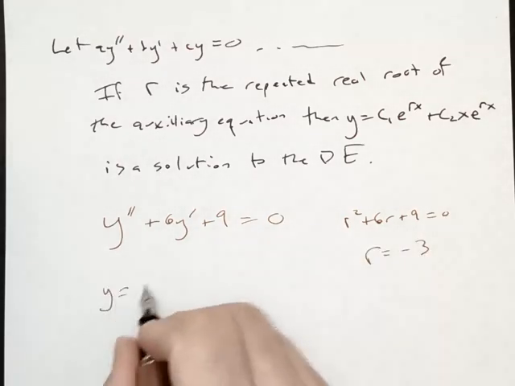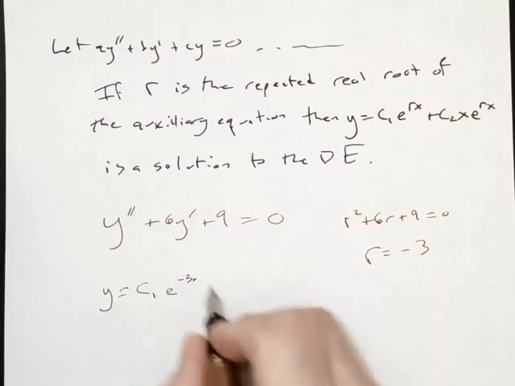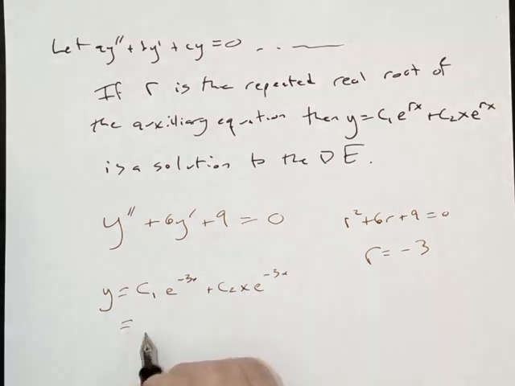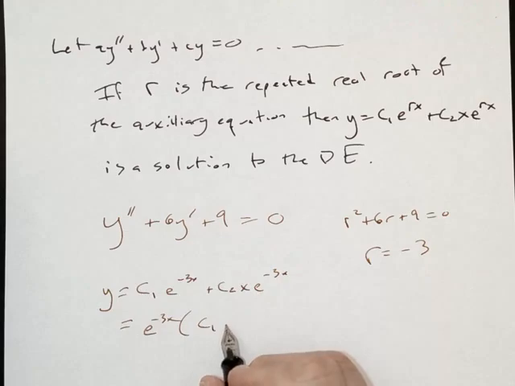Which means y is C1 e to the minus 3x plus C2 x e to the minus 3x. And a lot of textbooks will then factor out the e to the minus 3x and write this as an exponential times a linear equation.